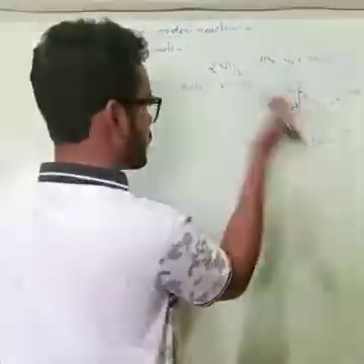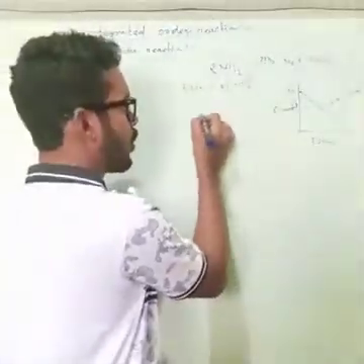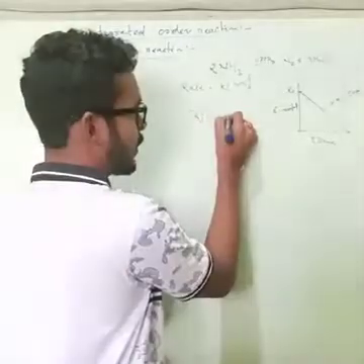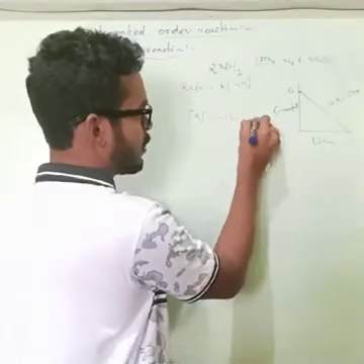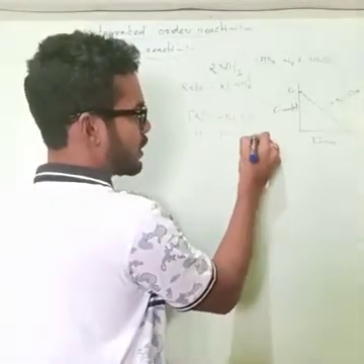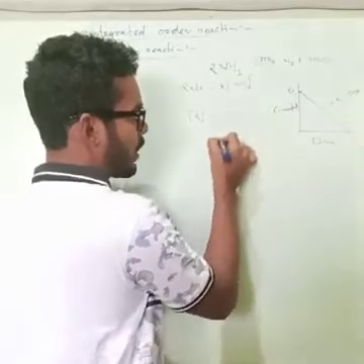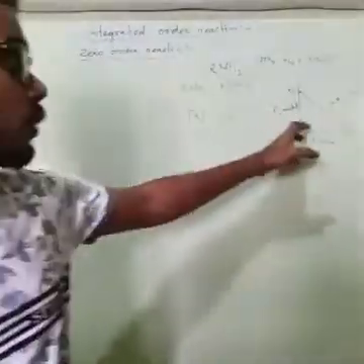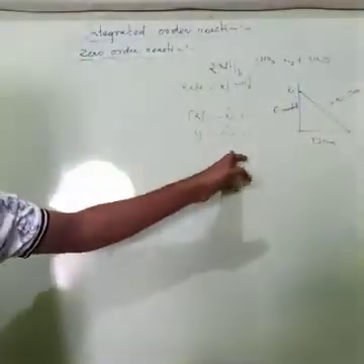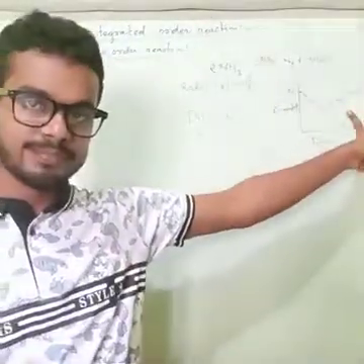How do you know? Previously you got minus kt plus I. Yes or no? This is y equals mx plus c. M is nothing but the negative of k. So by calculating the slope, you can know the value of m, which gives your rate constant.